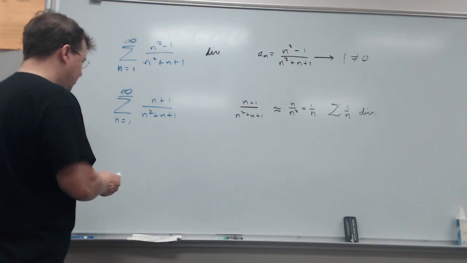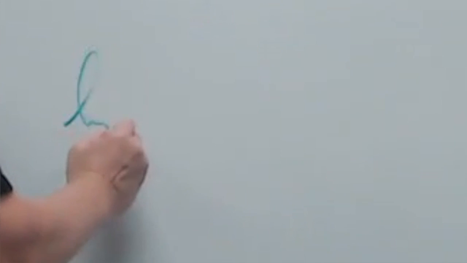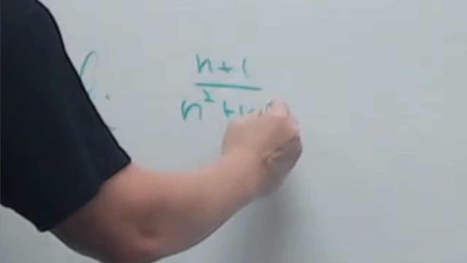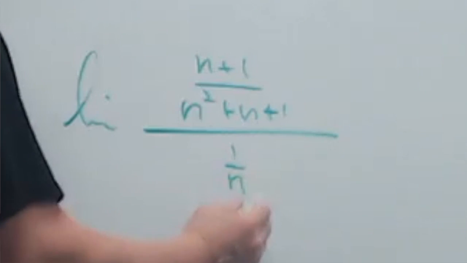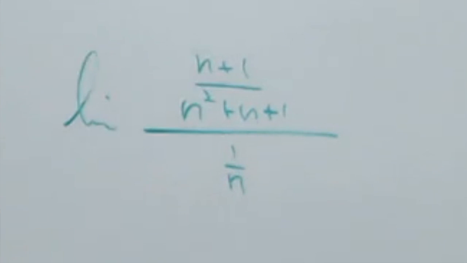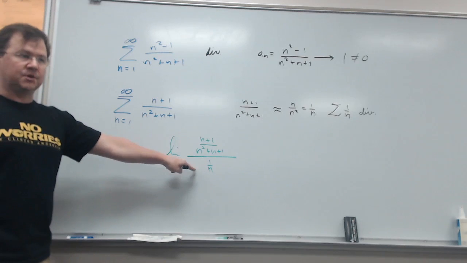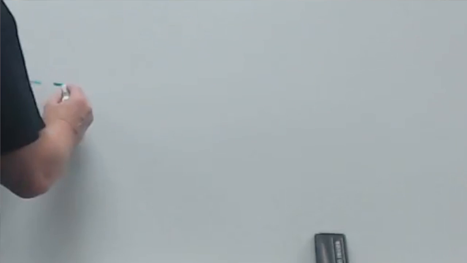So I would be considering the limit of the series in question, or rather the sequence in question, all over what I suspect the behavior of this is going to be very similar to, the harmonic series. That which I'm comparing it to, that which I do know the answer to, is going on the bottom.